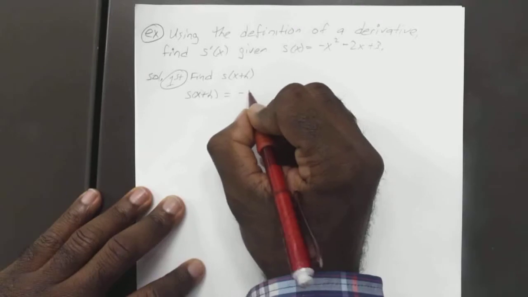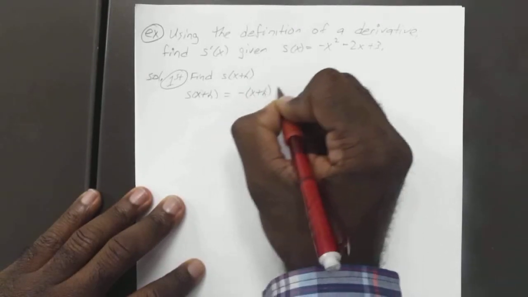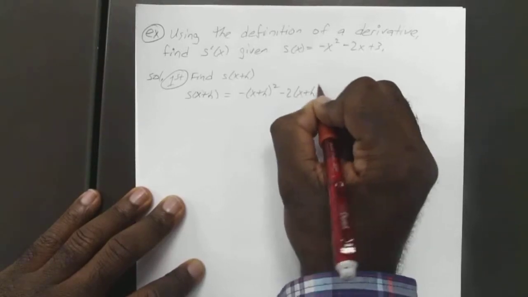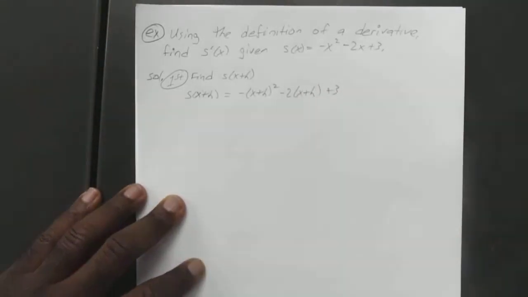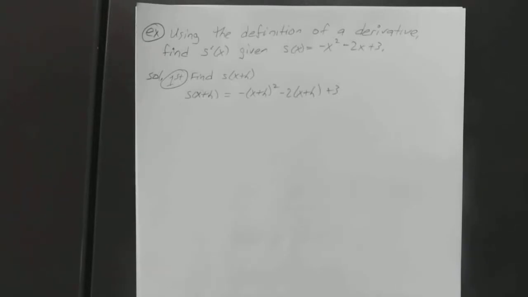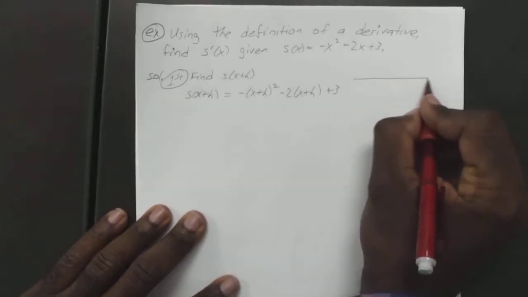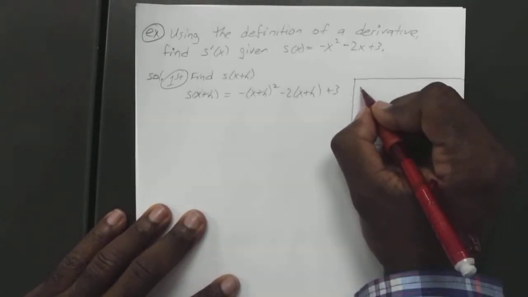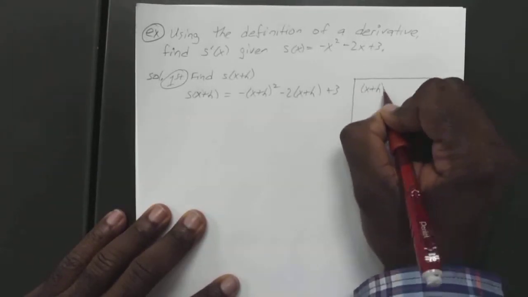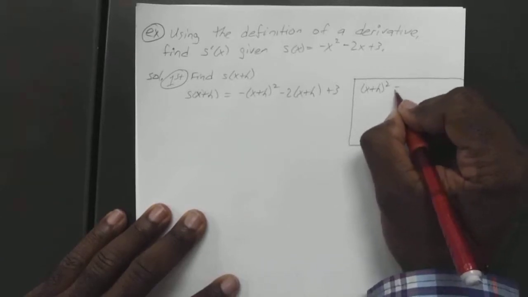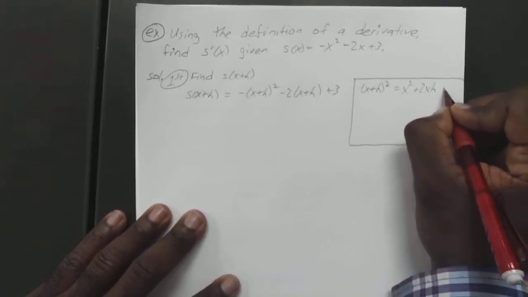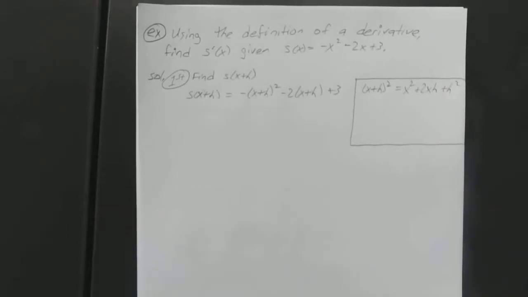S of x plus h is equal to negative (x plus h) squared minus 2(x plus h) plus 3. Okay. Now this is where we have to actually factor it out. So we know that (x plus h) squared is equal to x squared plus 2xh plus h squared if you separate it and FOIL it out.